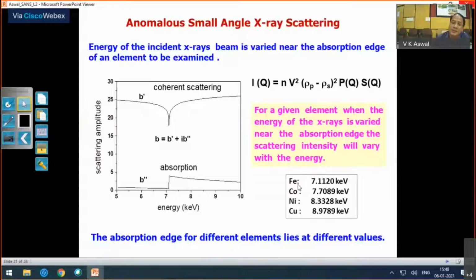So for example, iron, cobalt, nickel, copper, they are neighboring elements. And if you just want to see by common X-ray, it will be very difficult to differentiate because they will mostly scatter the same. So if they scatter the same, it will be very difficult to differentiate. But if you can vary the energy near the absorption edge, so these are in keV, and energy you can vary in a few electron volts with that precision.